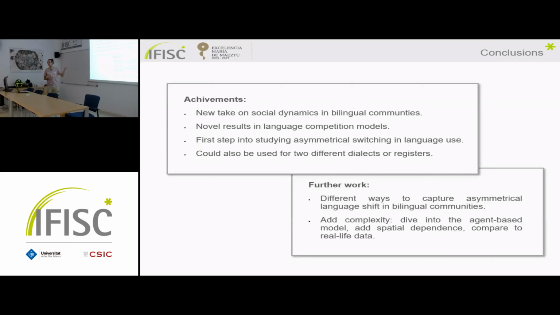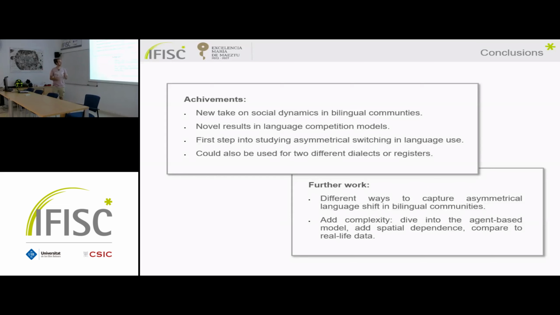Also, this model could be used not only for two different languages, but also with two different dialects or registers as well. Apart from this, we could dive deeper into this asymmetrical switching.